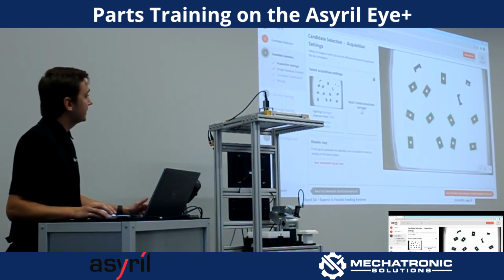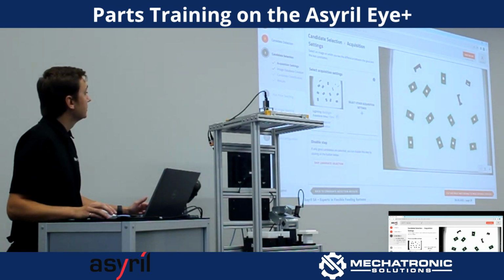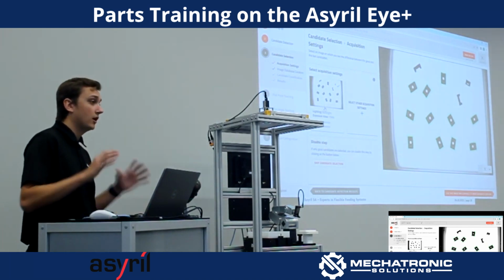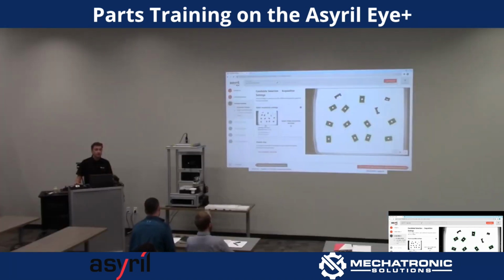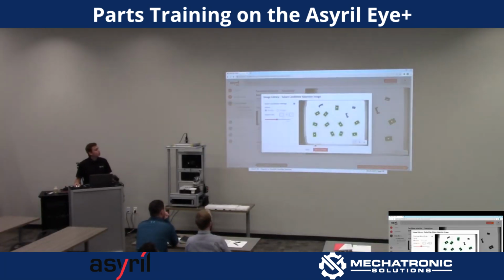So you can select different acquisitions from those images that we took. If 15 milliseconds works for us, we can continue to use this, and we recommend trying to use the same lighting settings throughout the recipe as it's less images to use. Or you can use a different image.